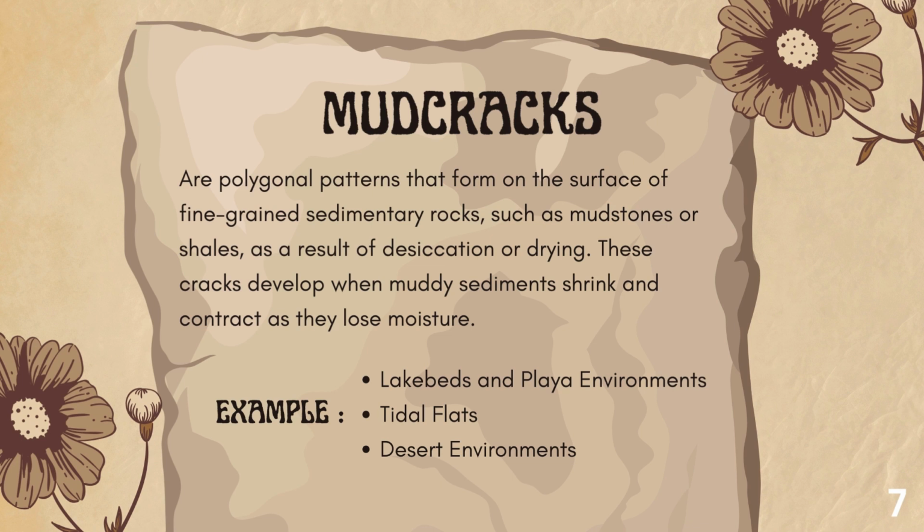Examples are lake beds and playa environments, tidal flats, and desert environments. They are significant in indicating desiccation features, which provide clear evidence that the sedimentary surface has undergone drying. Next is the polygonal pattern, and also the next point is the directional feature.